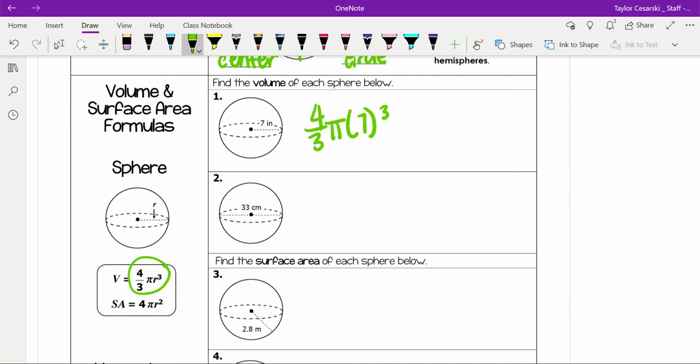It's probably easier to just type this all in your calculator at once. Make sure that when you type the 4/3 in your calculator, you put it in parentheses. Because there are so many fractions, it's probably harder if you leave the pi at the end for these. So 4/3 pi 7 cubed, and I get 1436.76 inches cubed.